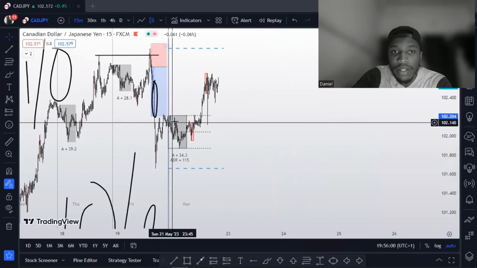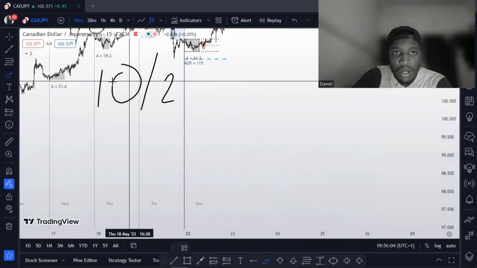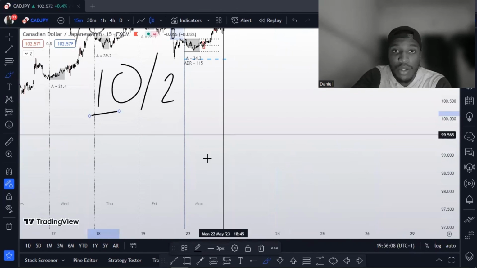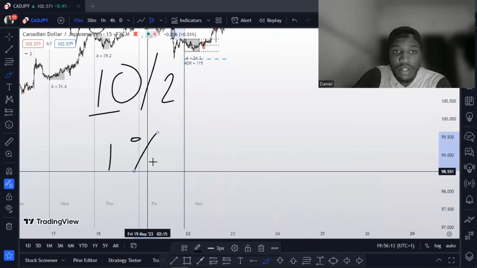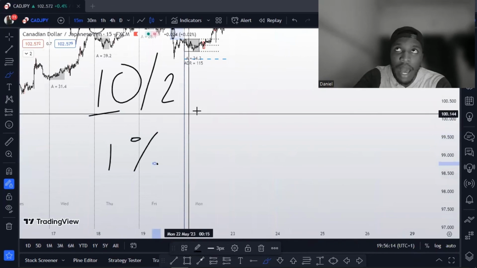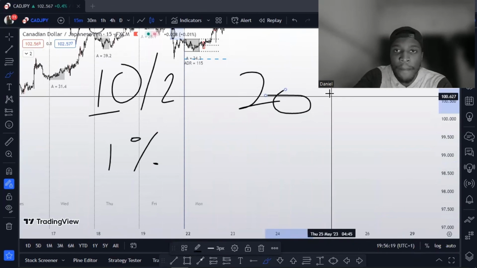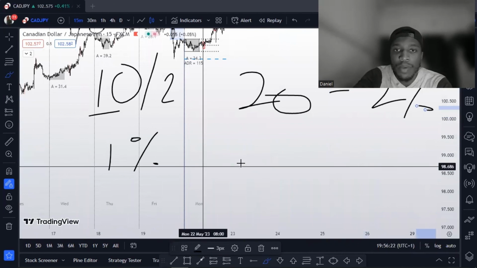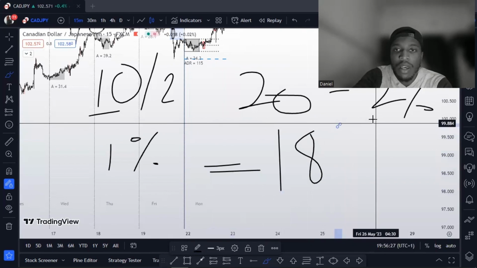If you took all those trades all together, what do we have? Let's say it's a 1 to 2 risk reward on those wins, right? So if you took 1% on this trade, then that means you would have 20% minus 2%, which is your losses, and you would be up for the week 18%, right?